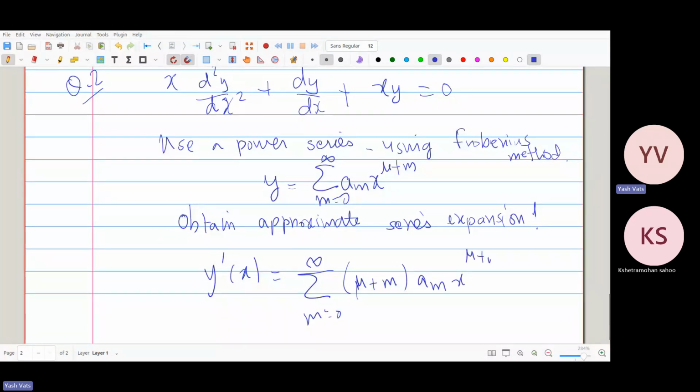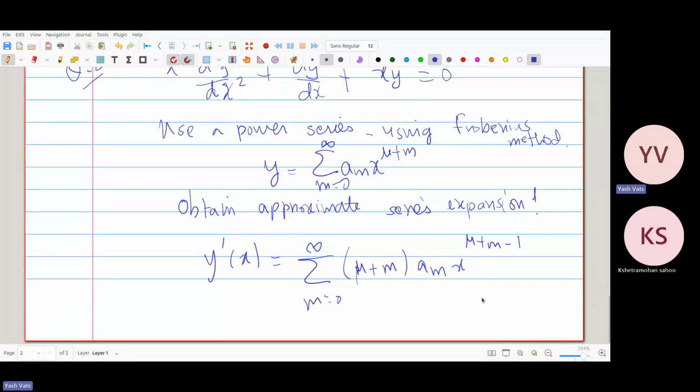And similarly, you have y double prime of x, which is the summation m equals 0 to infinity of (mu plus m)(mu plus m minus 1) a_m x to the power mu plus m minus 2.